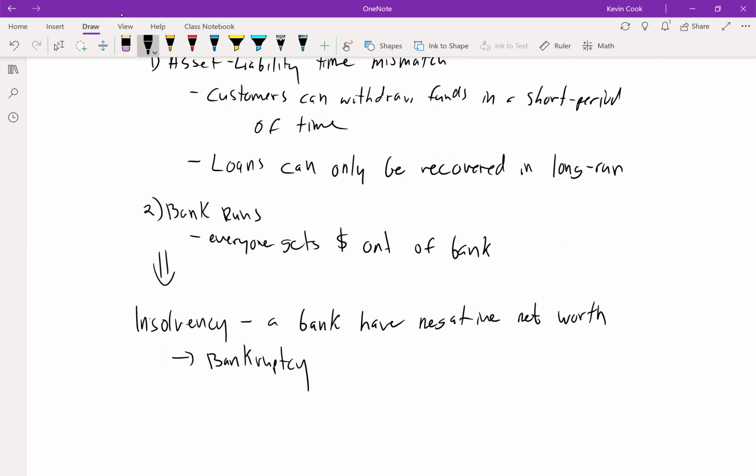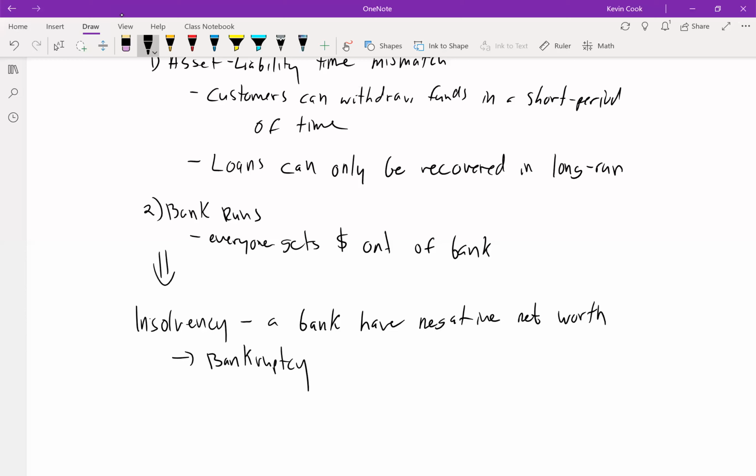Their liabilities are greater than their assets, so they are not able to repay everybody that they owe. Insolvency is really not where banks want to be.